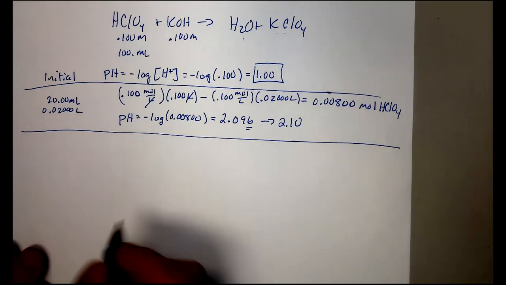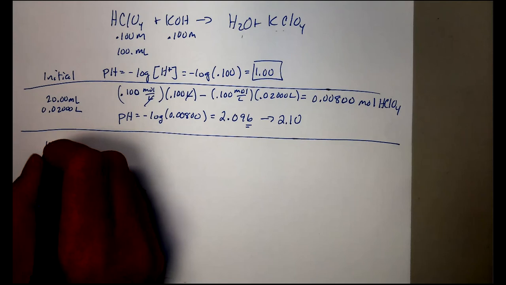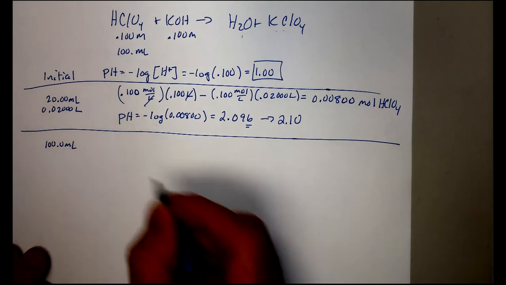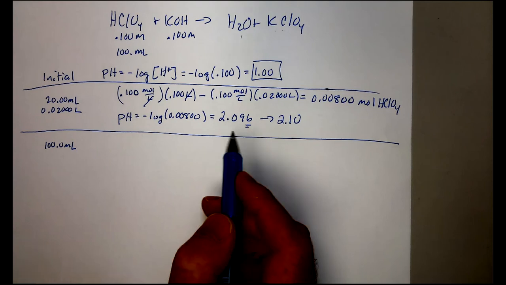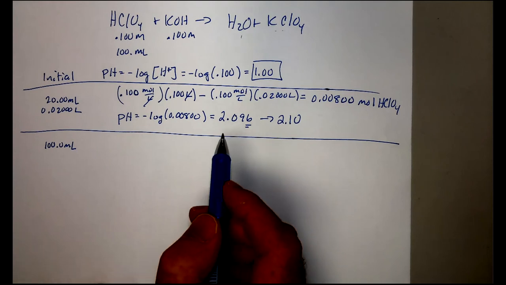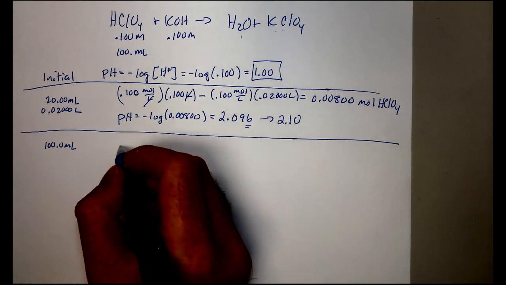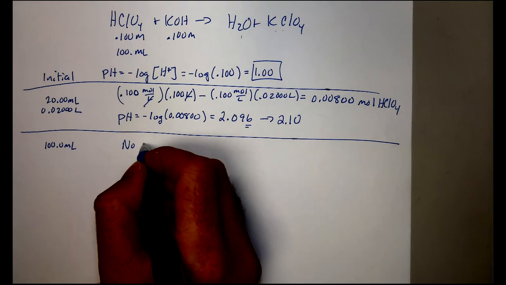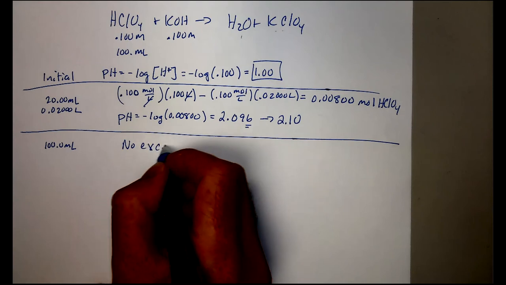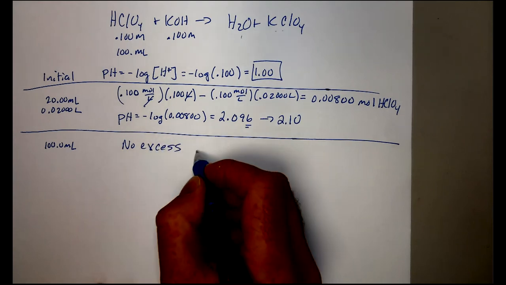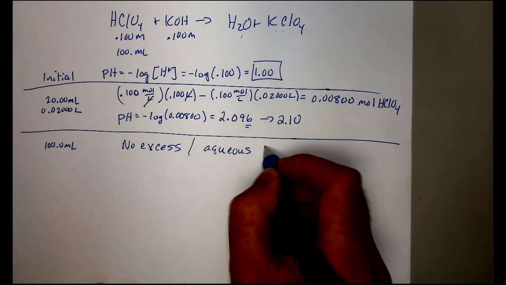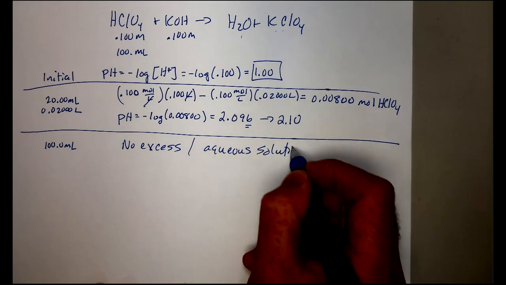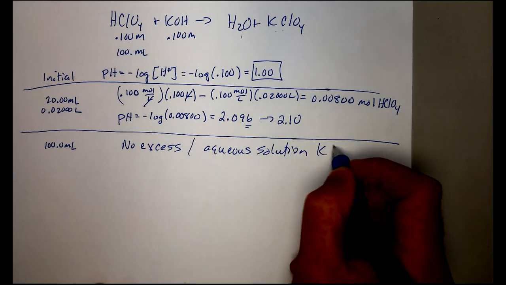Now if I add 100 milliliters, I'm going to completely neutralize that. So how much do I have in excess? Without even really doing the calculation, I've got no excess. And I just have an aqueous solution of KClO4.